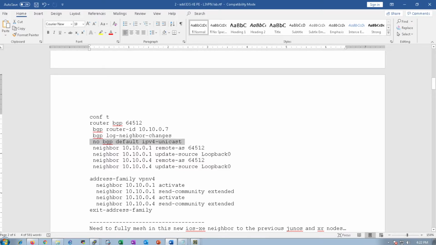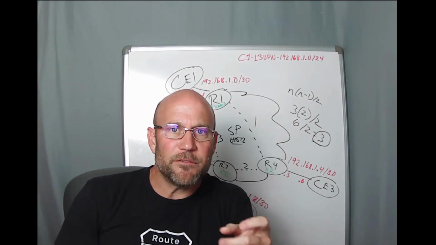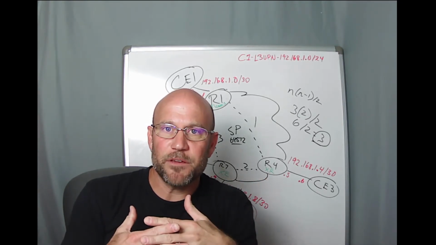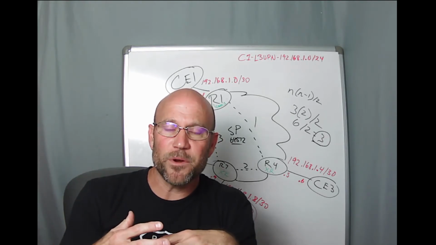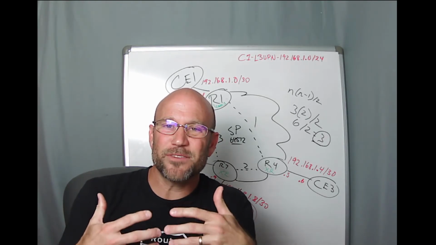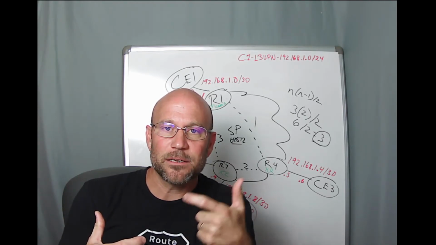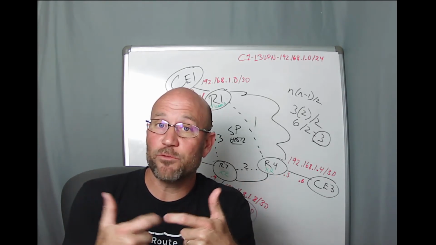We're not using BGP for vanilla IPv4 prefixes through the core. We're using it for VPNv4, for layer 3 VPNs. It's carrying IPv4 prefixes, but the address family is VPNv4, where it adds a 64-bit route distinguisher, prepends it to the 32-bit IPv4 prefix.